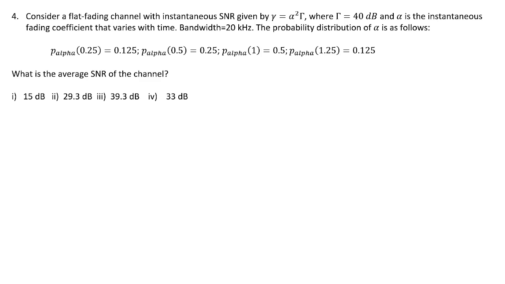Therefore, the probability distribution of alpha, which is the time varying coefficient, is given as follows. P alpha of 0.25.